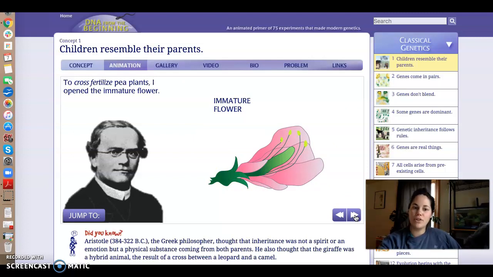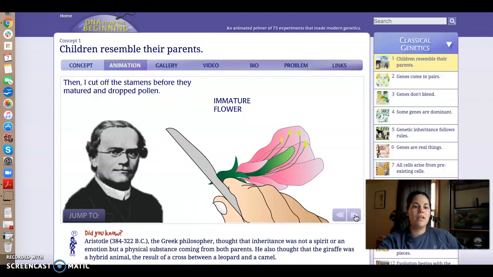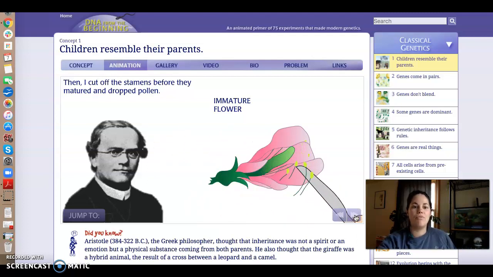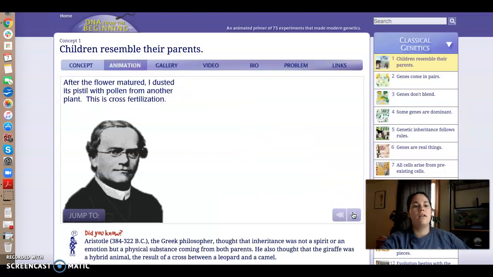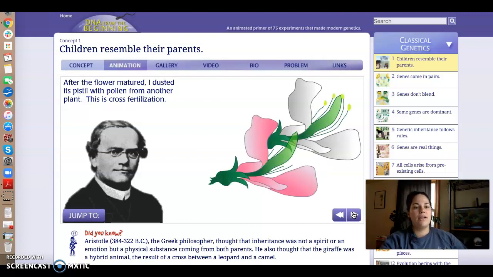To cross-fertilize pea plants, he opened up the immature flower and cut off the stamen before they matured and dropped pollen. So now he has a pea plant that only has the female sex part here. As the flower matured, he dusted its pistil with pollen from another plant, and this is cross-fertilization.